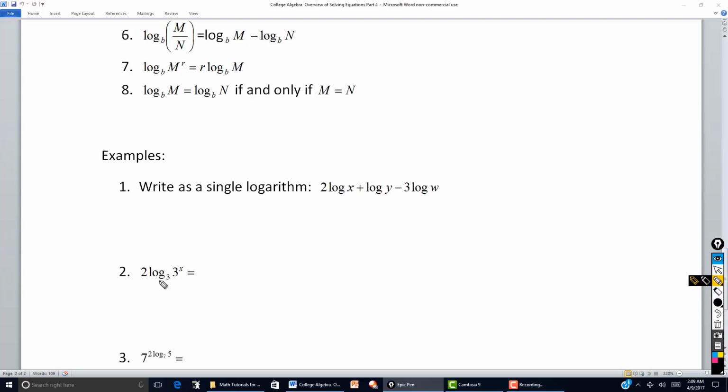Now, if I didn't have the 2 right here, since this is a 3 and this is a 3, these bases are the same, the answer would be x. That would be it. But in the property there's no coefficient here, or the coefficient is 1. So in this case then I have to use a property first.